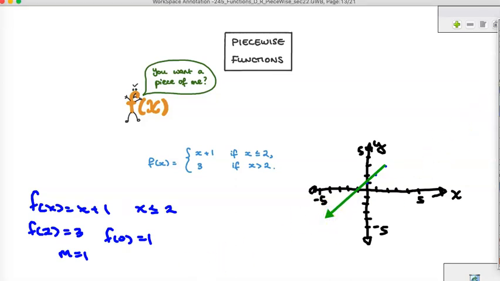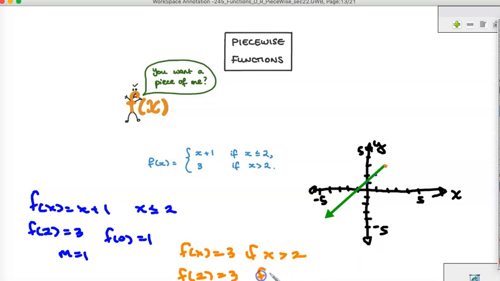However, the second piece, what do you have? You have f of x equals 3 if x is greater than 2. If you evaluate f at 2, you get 3. So at 2, that would be an open circle, but since it's already closed here, you would have that point there.